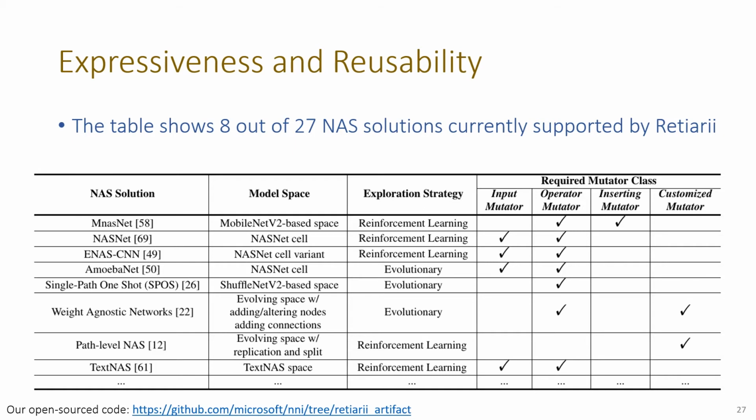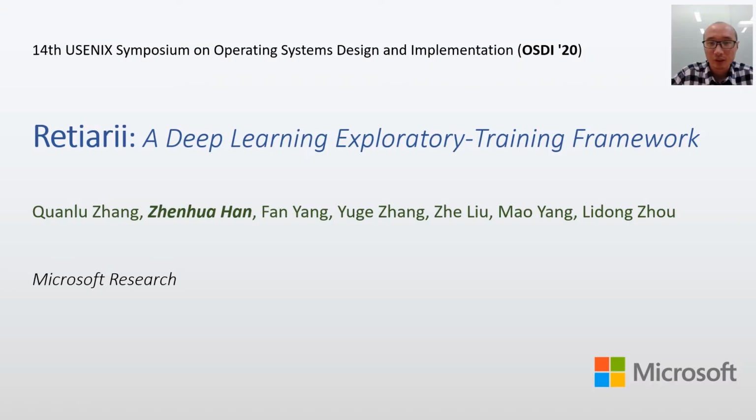Many model spaces can be constructed with 3 simple mutators: input mutator, operator mutator, and inserting mutator. Different model spaces and exploration strategies can be freely combined. Next, my colleague Zhenhua will introduce more details about Retiarii's cross-model optimizations and experimental results.